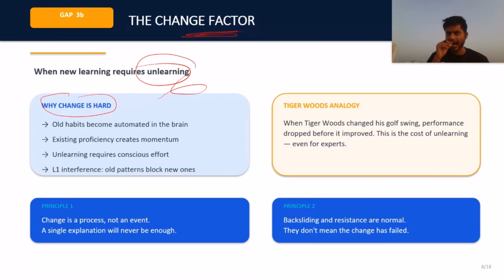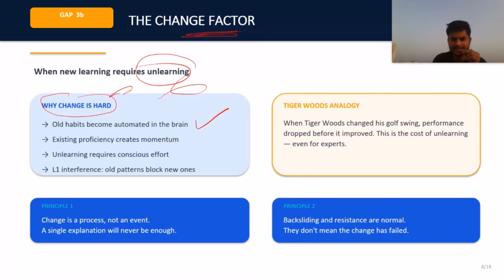Like if I have a habit, let's say I'm smoking, and I've been smoking for 20 years. And I want to change that, right? So this is in my habits, this is habitual, so that is tough. That is why old habits become automated in the brain.